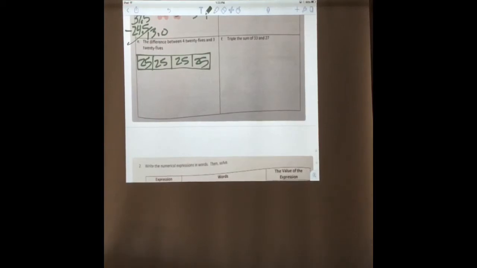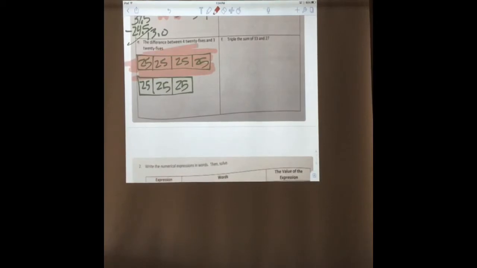And it's saying, what's the difference between 4 25s and 3 25s? Do you notice that these are the same size and the same things, aren't they? So what's the difference? You would say, hey, this one's got how many more 25s? 1.